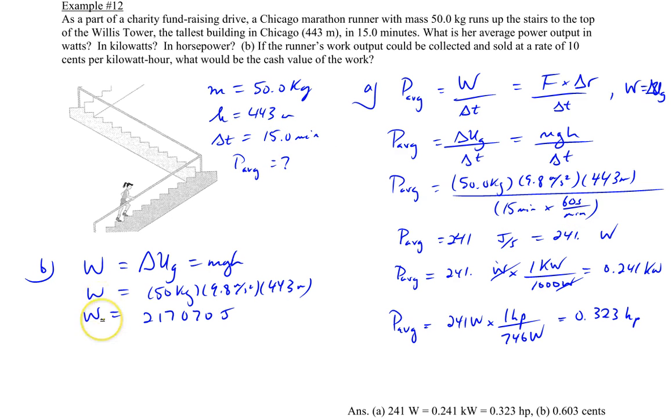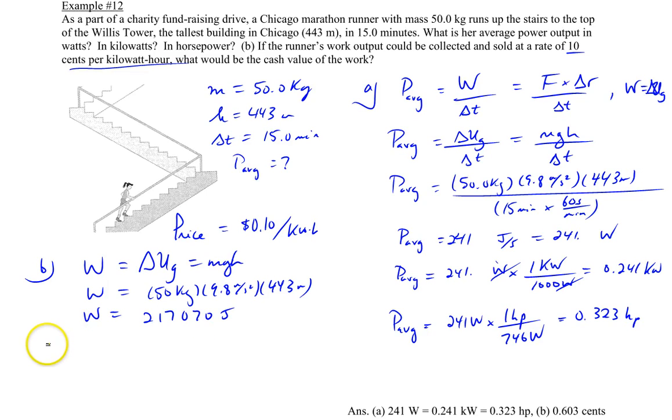Anyhow, we got the work in joules, but we know that the price is in kilowatt hours. So the price that's given is 10 cents for every kilowatt hour. So we're going to need to convert those joules into kilowatt hours.